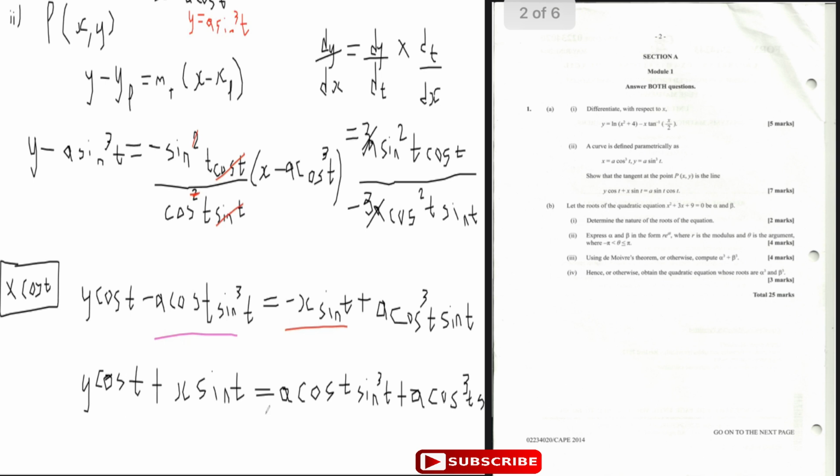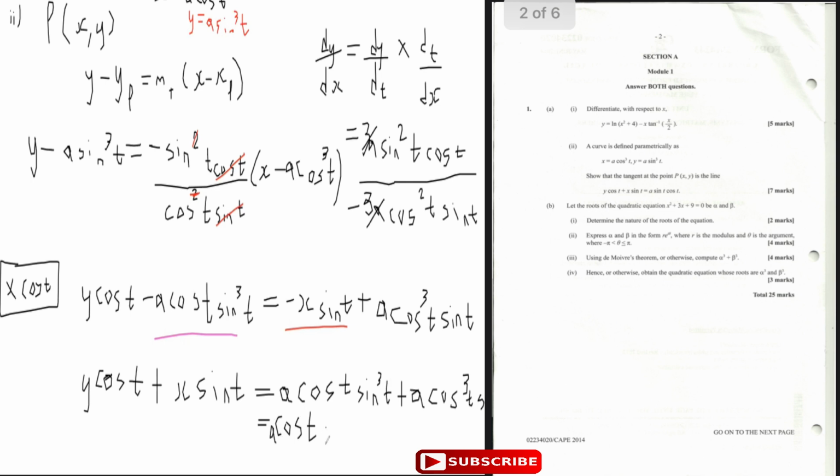All right, so now all we need to do is, as you realize you have a cos t and a sine t here, we can factor out. Let's factor out a cos t sine t because both of them have it in common.